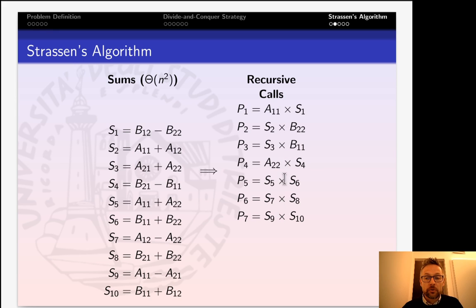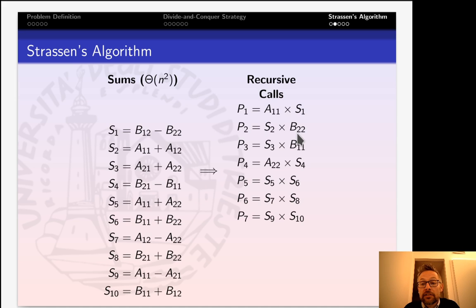So instead of having, just like in the divide and conquer algorithm, 8 recursive calls, you will have 7 recursive calls. Okay, which doesn't seem very interesting. 7, 8 is just a matter of one, but actually it is really relevant from the algorithmic point of view, and we will see in a while why.